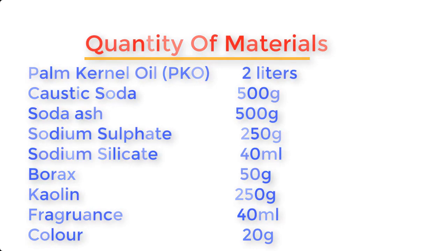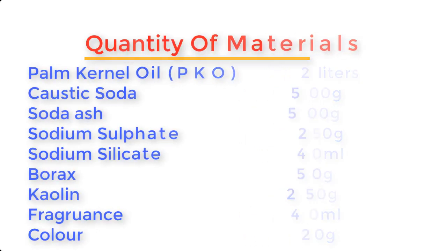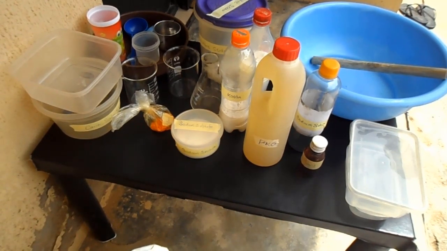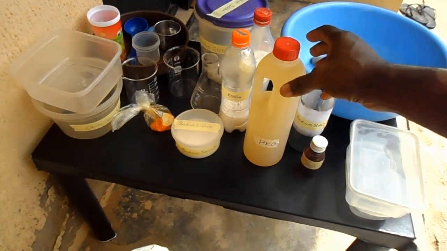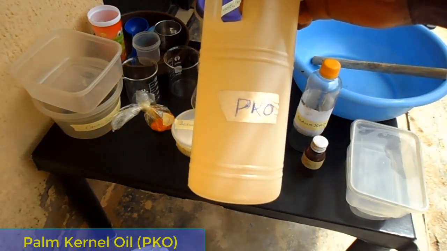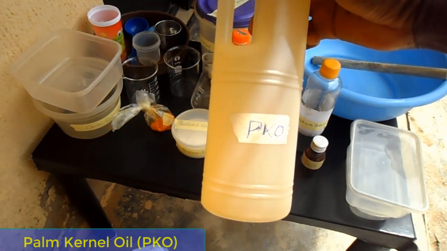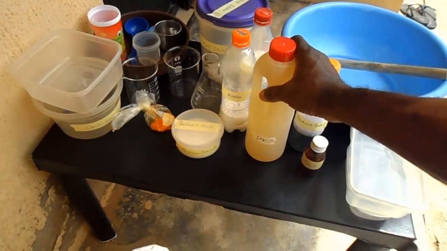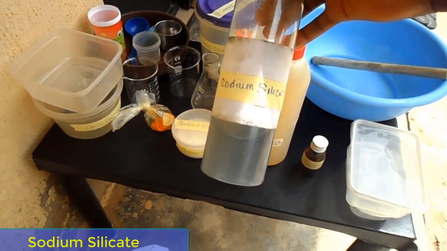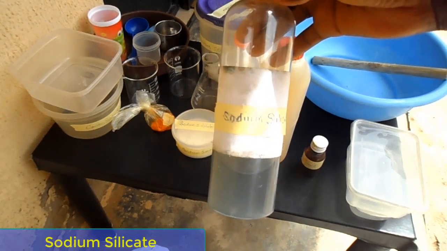Now let me introduce you to the chemicals and equipment we will be using in this particular production. This is our palm kernel oil, also called the PKO. And this is our sodium silicate.